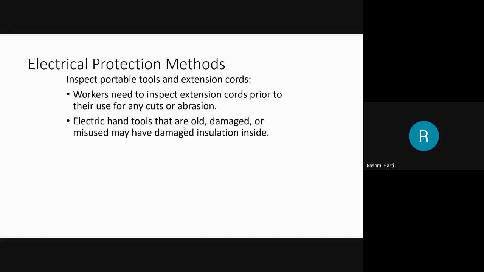So that should not happen. Workers need to inspect the extension cords prior to their use for any cuts or abrasions. Electric hand tools that are old, damaged or misused may have damaged insulation inside.